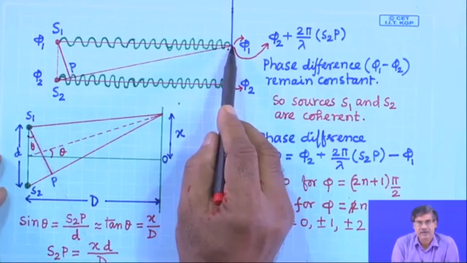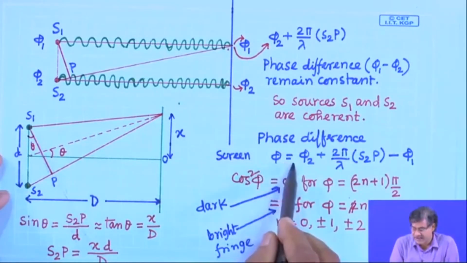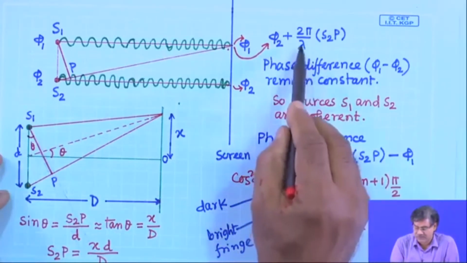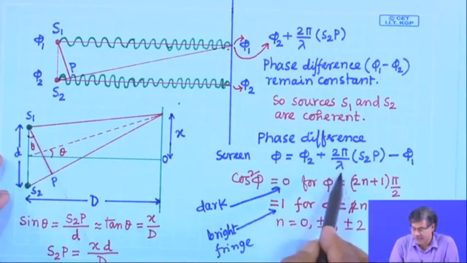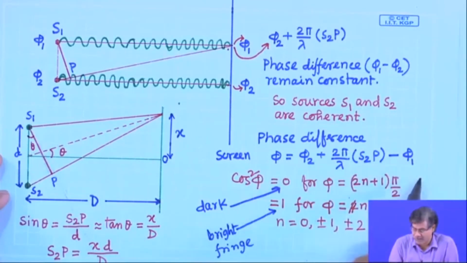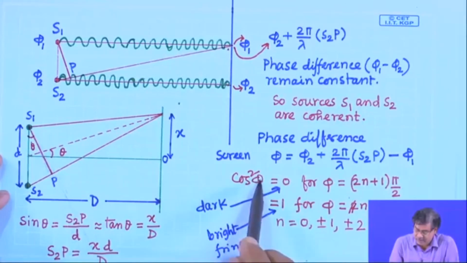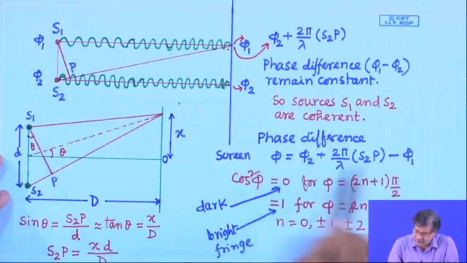The degree of brightness will depend on the phase difference or path difference. So the phase difference here is phi equal to phi 2 plus 2 pi by lambda S to P minus phi 1.